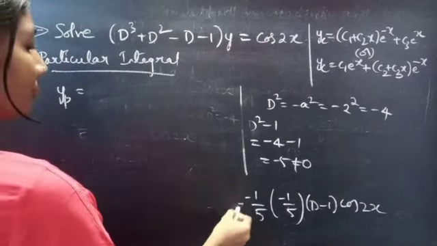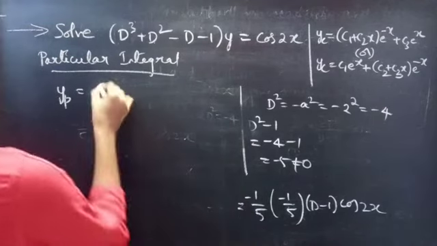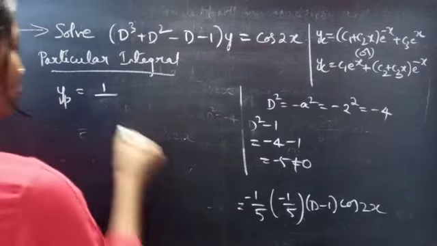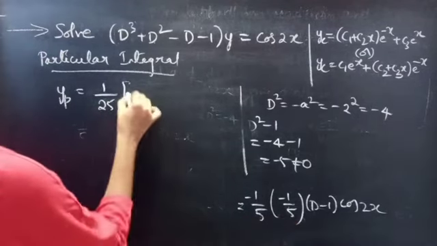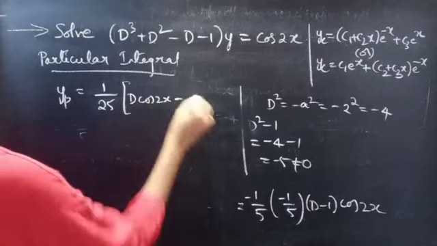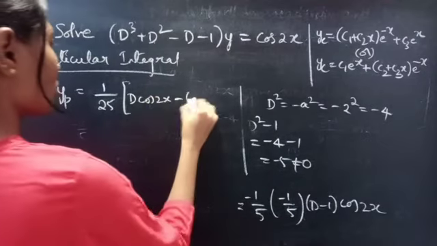So here this becomes minus 1 into minus 1 is plus 1 by 5, 5s are 25, into (D minus 1) cos 2x, and minus 1 into cos 2x is minus cos 2x.